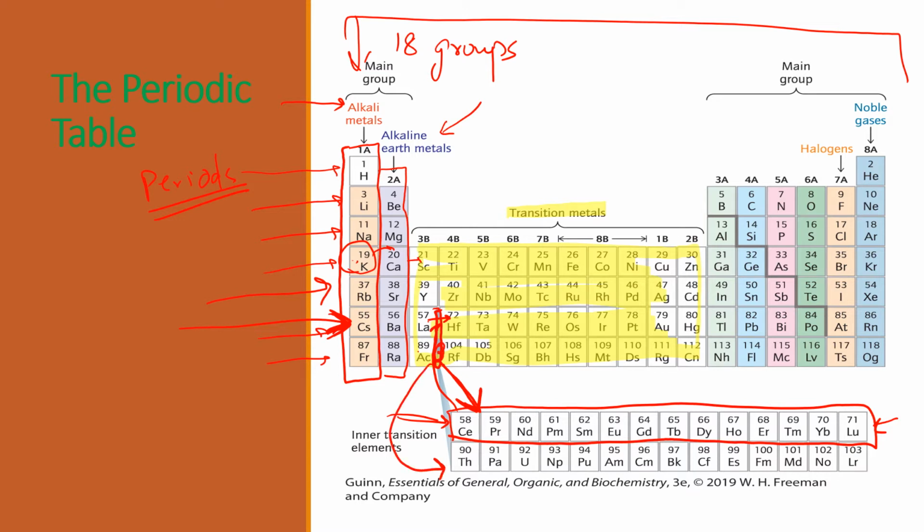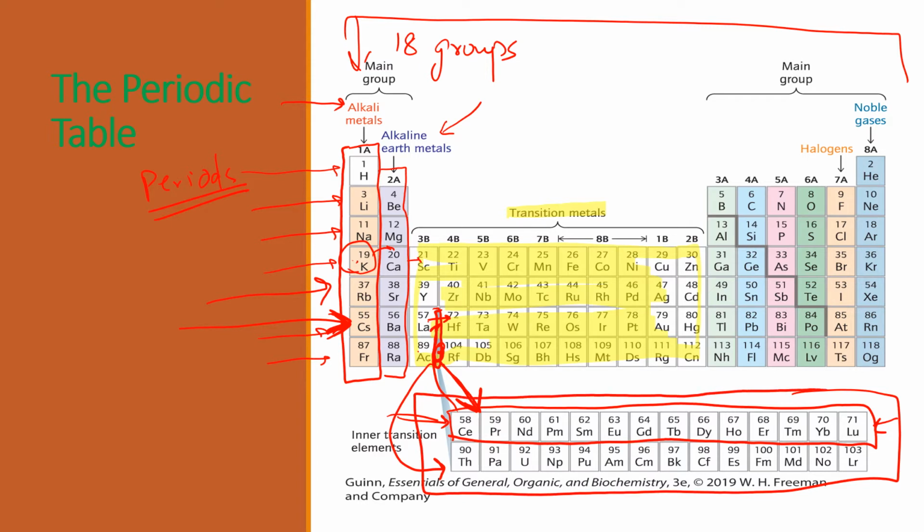So this is the list. These two rows of elements are known as inner transition metals or elements.